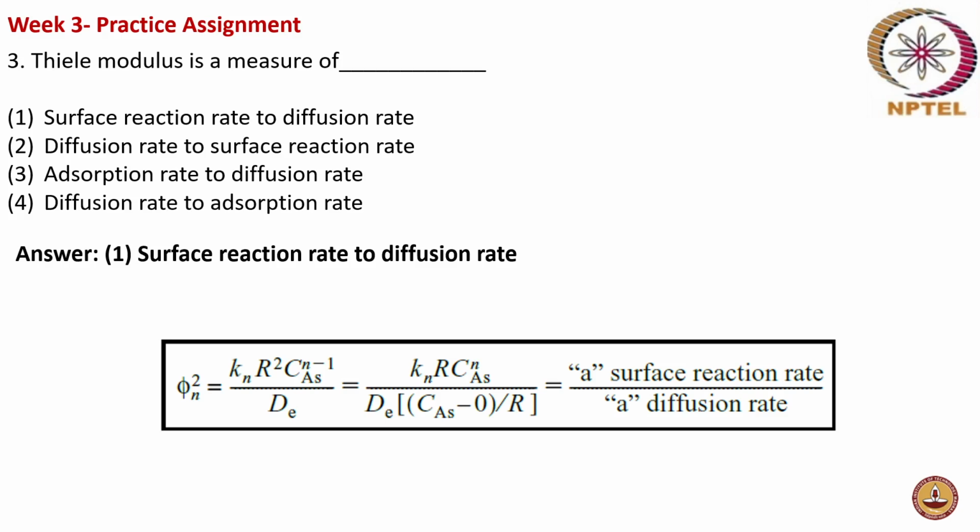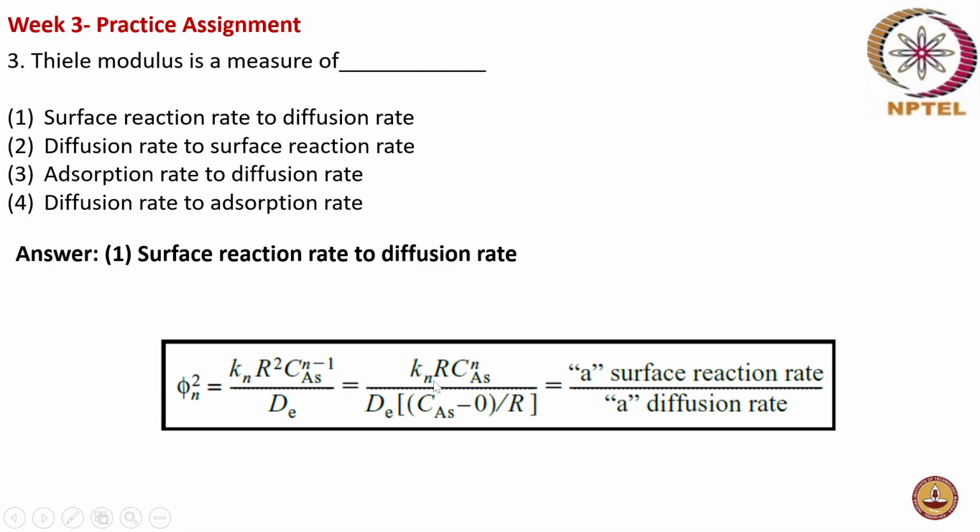Now it is your first order reaction. That means n is equal to 1. So CAS power 1 divided by, there is one more CAS in the denominator also. There is a concentration term in the numerator and a concentration term in the denominator, so both get cancelled. And then this R moves to the numerator.